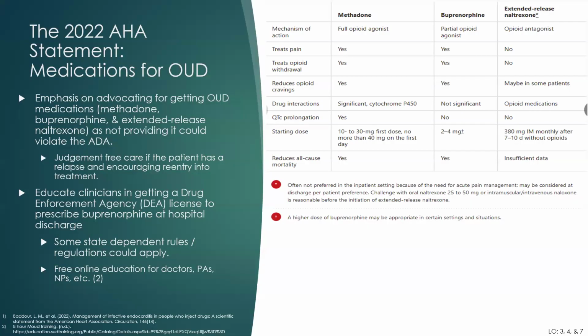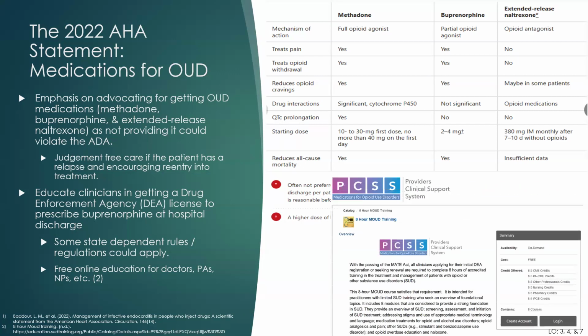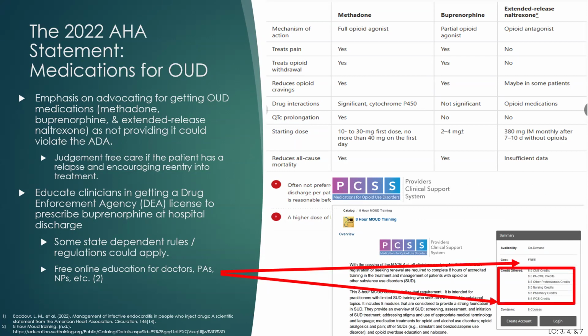They recommend some medications to treat opioid use disorder, with emphasis on getting opioid medications such as methadone, buprenorphine, and extended-release naltrexone, as not providing them could violate the ADA. And they link out resources where providers can get free online training to get their waivers to prescribe this.